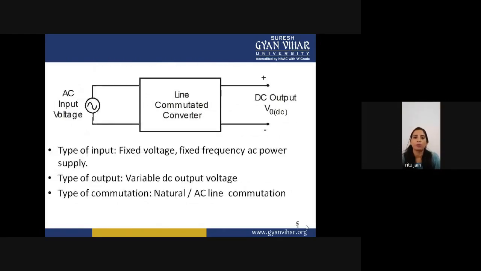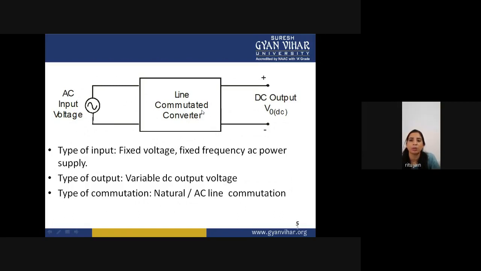So first we have to understand what a rectifier is. The type of input, as you can see in this diagram, is a fixed voltage, fixed frequency AC supply. In the output you get a DC output voltage, and this is a line commutated converter.